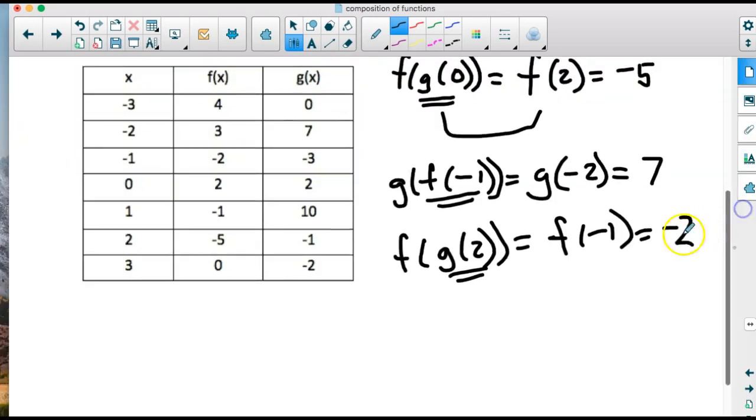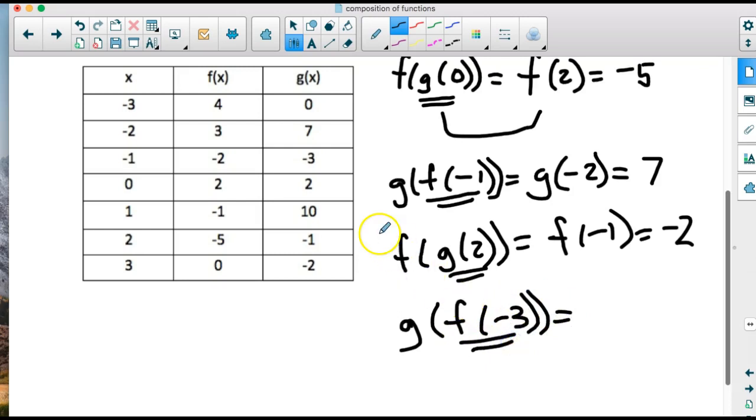That one's going to be g of f of -3. Let's try that one. I think that one's not possible.